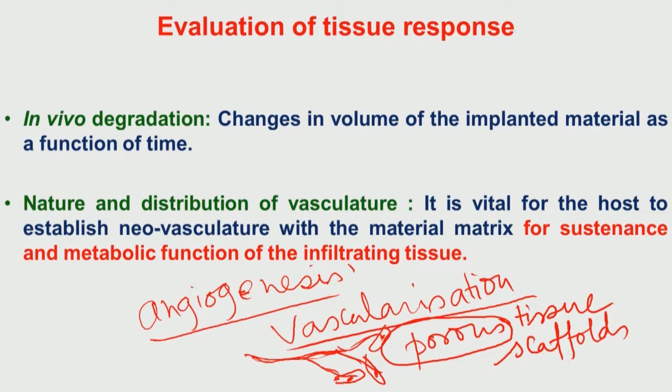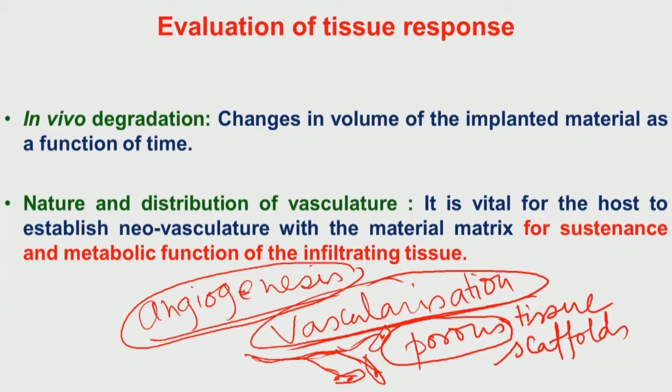So, these two things can be quantified by angiogenesis and vascularization, and many times in tissue engineering people do use angiogenic growth factor just to stimulate this process of angiogenesis. So, before implantation people use angiogenic growth factor so that angiogenesis can be promoted once this tissue engineering scaffold is implanted into the animal tissue.